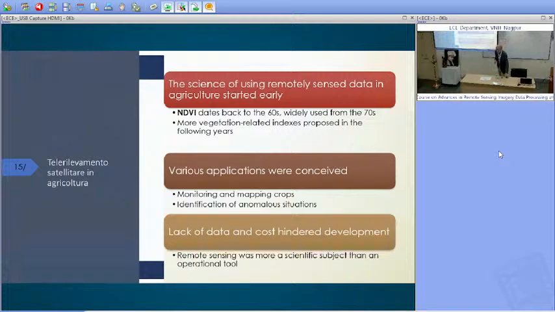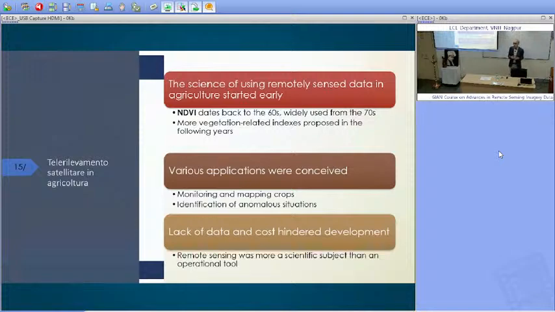Now, why did I tell you about the growth of data? For this reason. Because we are now at a point where we have the applications conceived and described and the science behind them, and we have data coming up with prices that are accessible.